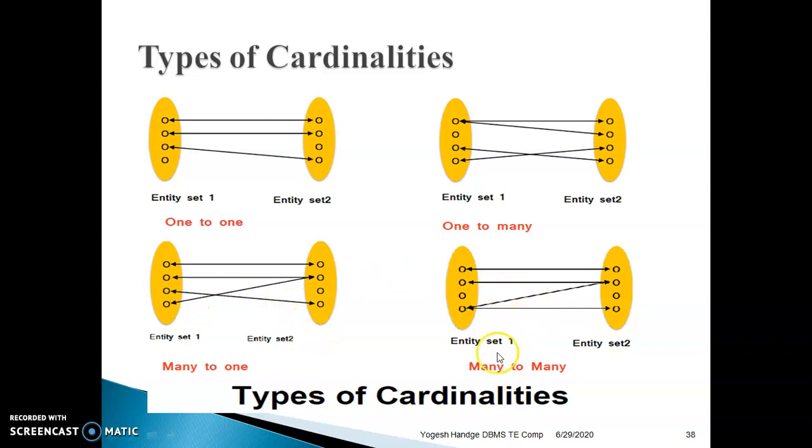Many to many: one entity of set 1 associated with many entities of set 2, and here also one entity of set 2 associated with many entities of set 1. This is all about the types of cardinalities.